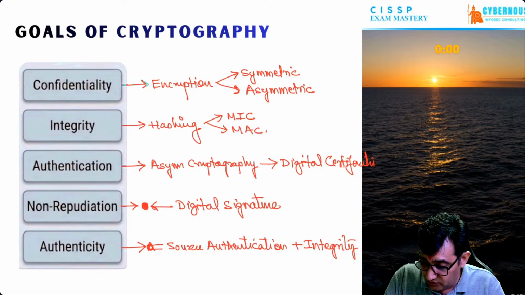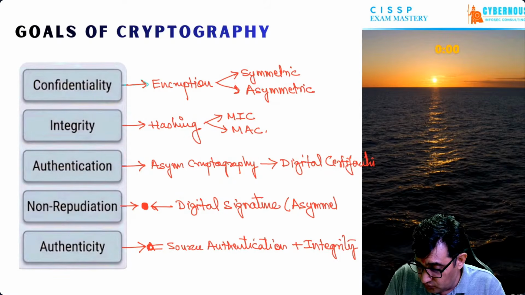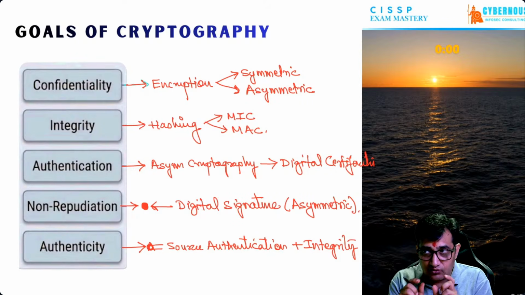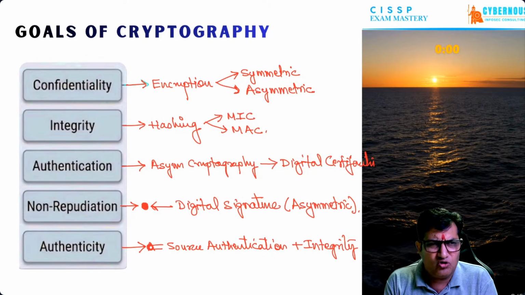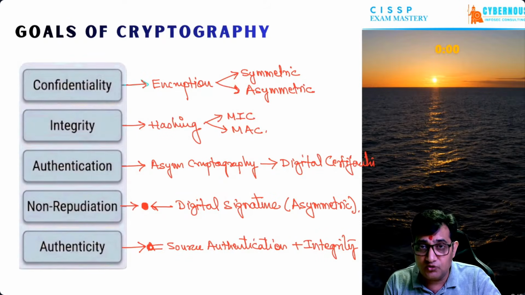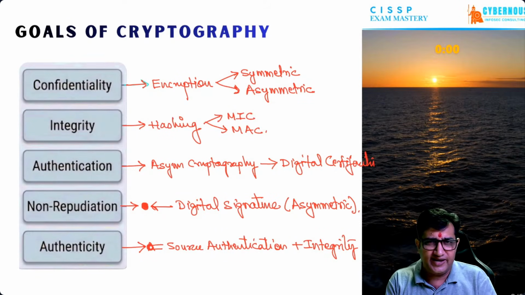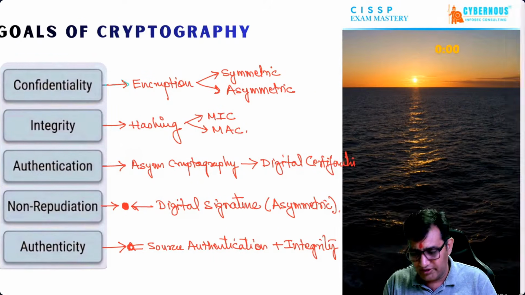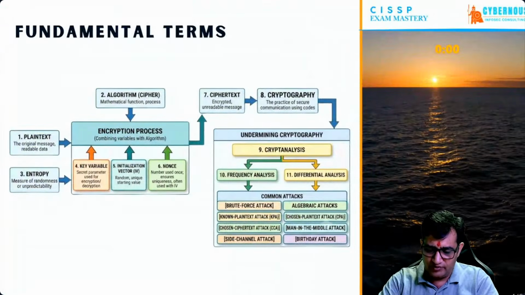So you are going to say that asymmetric is used to actually produce a digital signature. These are very small, very fundamental concepts, but you should be very sure about them. When you go for the exam, there will be scenarios which will try to confuse you. You don't have to get confused. So that is the one thing from where we are going to start this journey for cryptography.